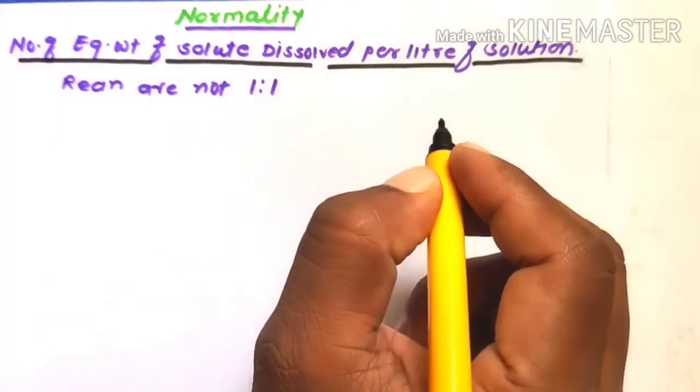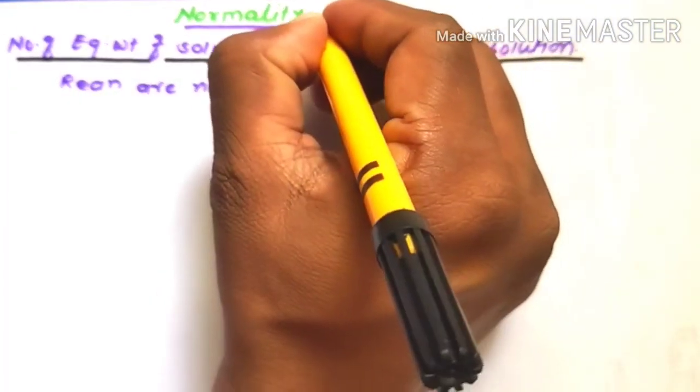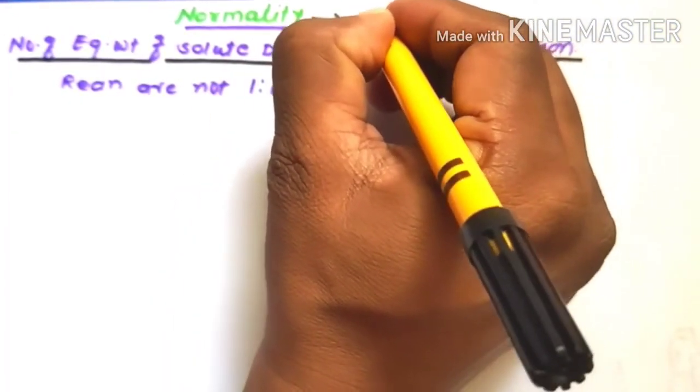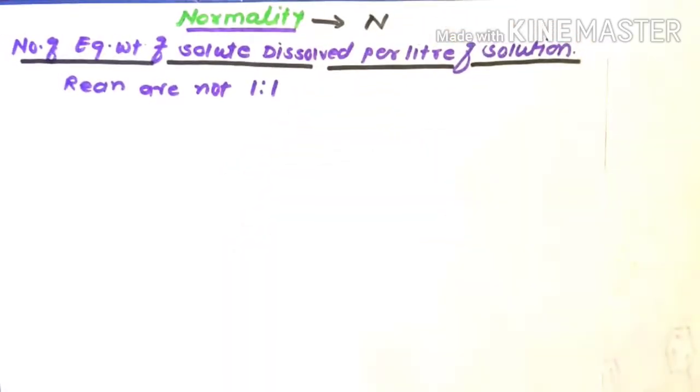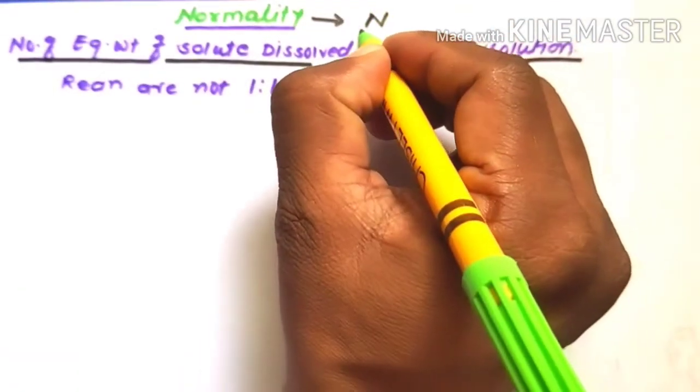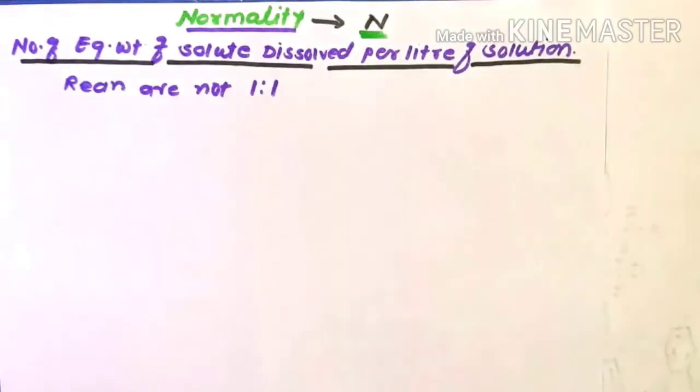The symbol capital N can be used for normality.